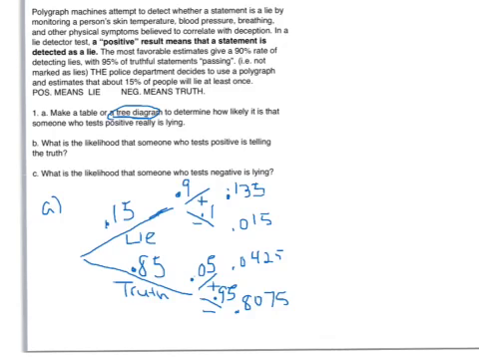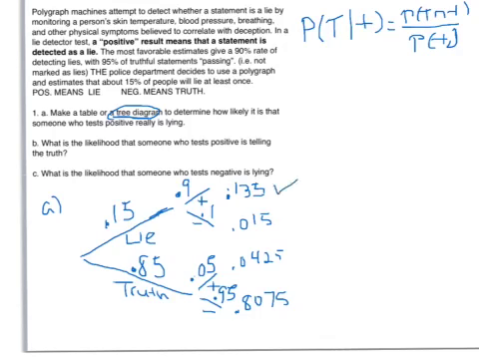So part B: what is the likelihood that someone who tests positive is telling the truth? So here's what we have to do. T is for truth, and we want truth given a positive test. So that's the probability of T intersect positive over the probability of positive. Positive occurs here and here. So telling the truth but testing positive.